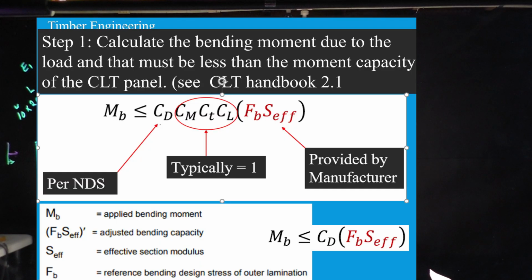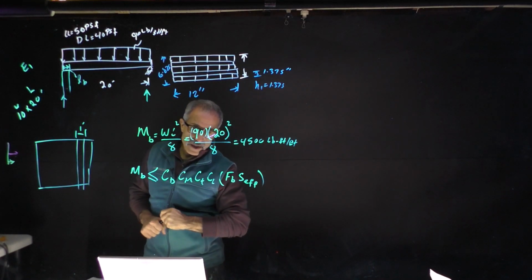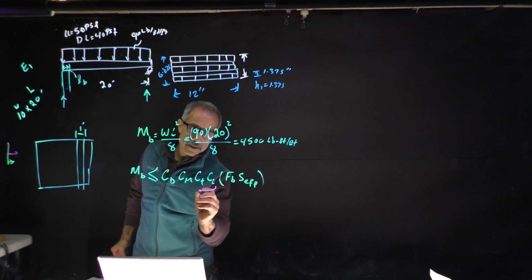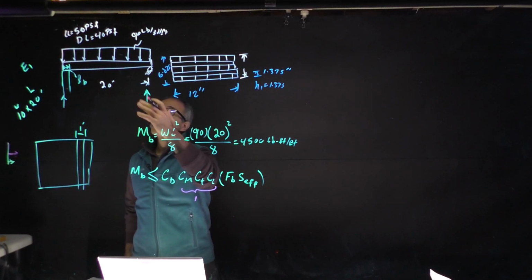Our MB should be less than or equal to CD, CM, CT, CL, and then FB, SFF, the effective section modulus. Now, normally, because of the inside condition, all of these come out to 1, and we don't have any snow load. It's all live load and dead load.